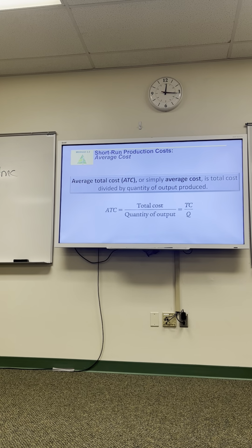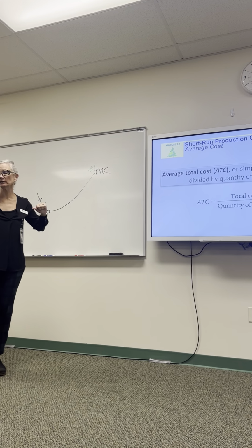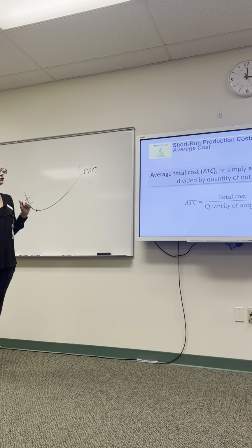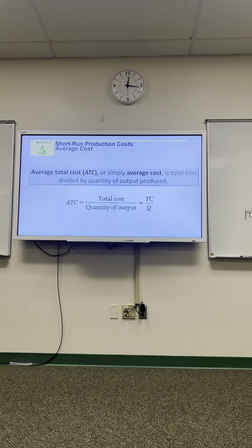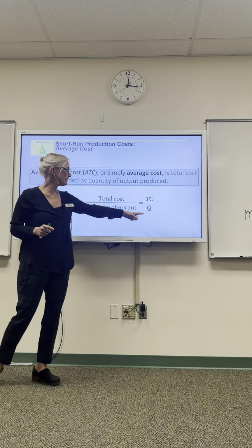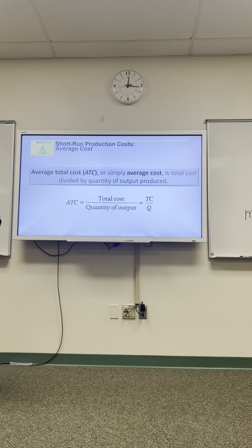The next cost curve with which you need to become intimately familiar is the average total cost curve. This has a very different formula. Average total cost is equal to total cost divided by quantity at that point.